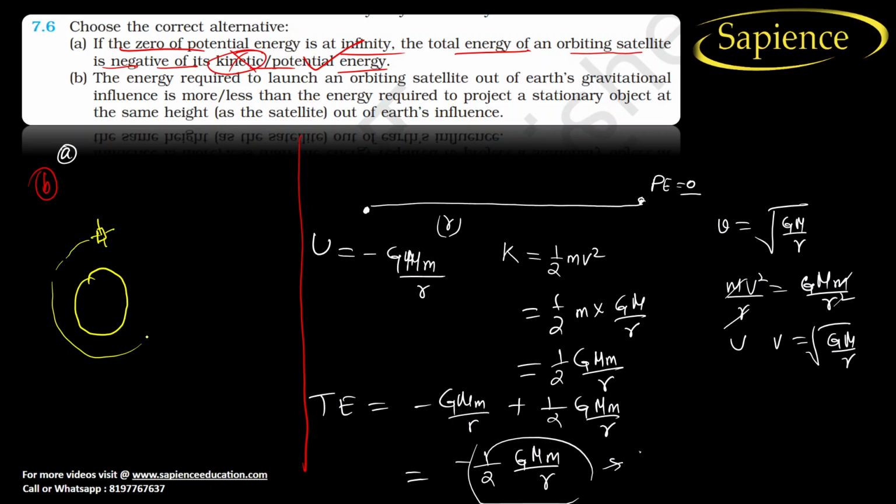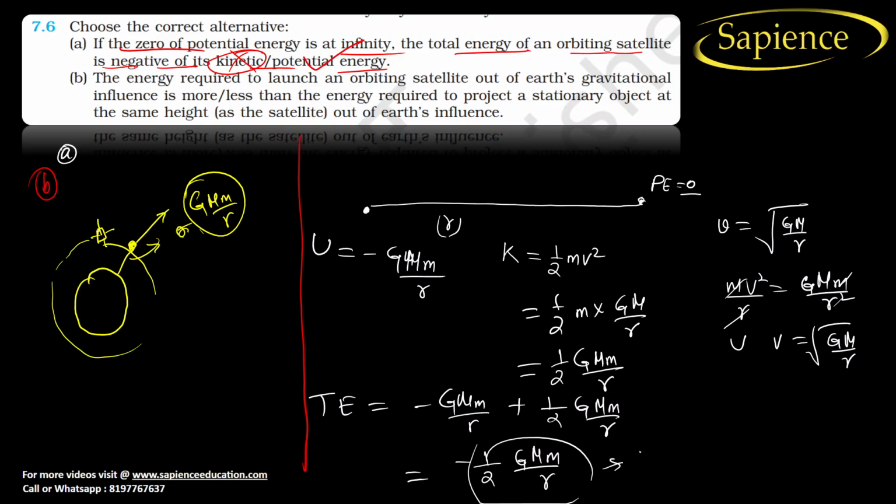It is moving. And there is a stationary object. So the energy required to launch or project will be equal to G M m by r. This will be the amount of energy.